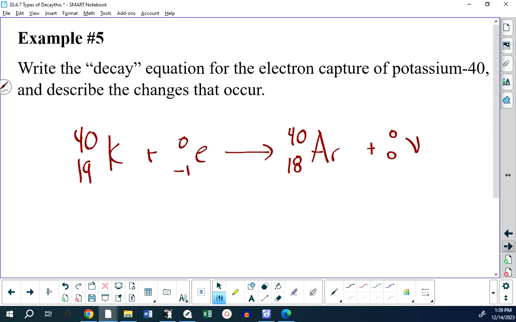The final thing I want to point out to you, and I'll ask you this. I want you to look at the potassium 40 configuration and the argon 40, and tell me whether we lost a proton and gained a neutron or we lost a neutron and gained a proton.